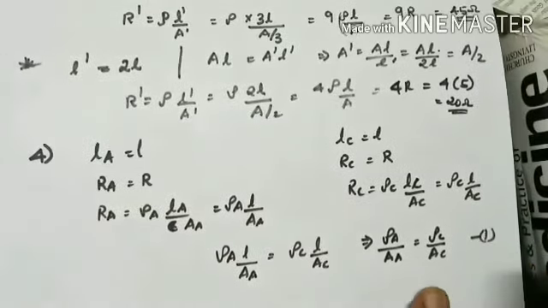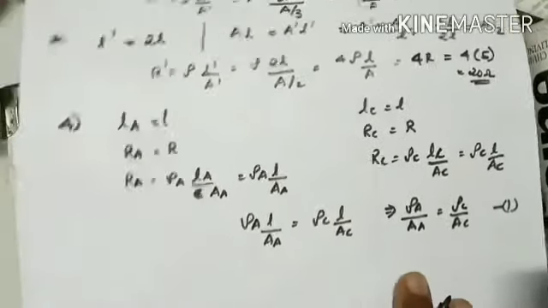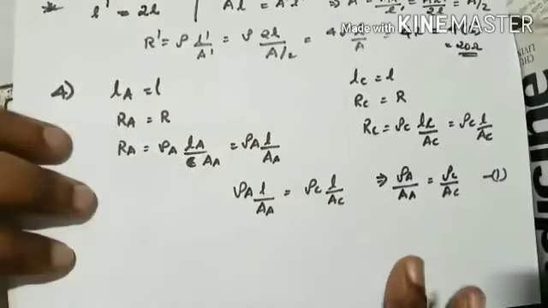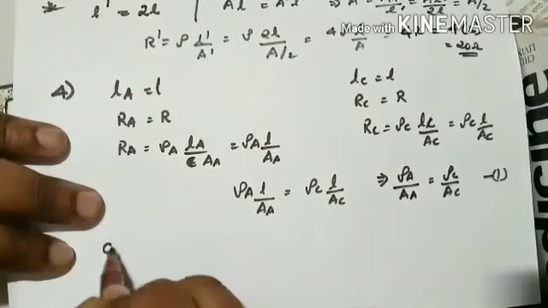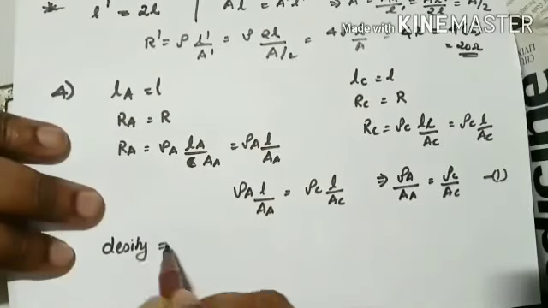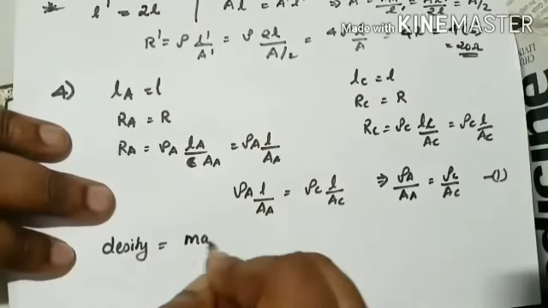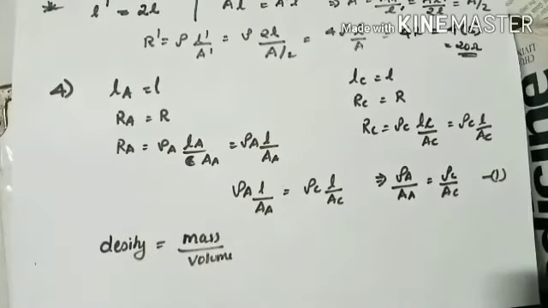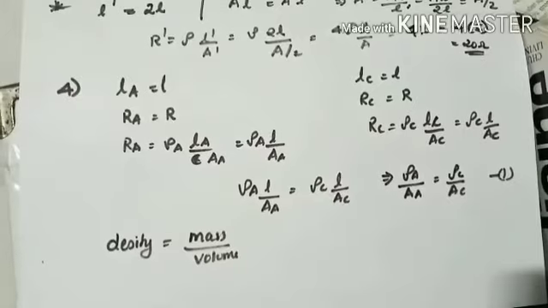Let's make it the first equation. Now you are asked which has higher mass than the other. Here densities are given, so we'll start with density. Density is mass per unit volume. Let's make it D.